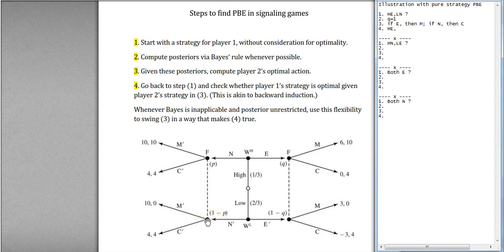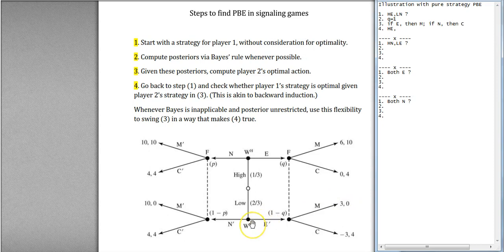The firm will believe that this is a low ability person, is going to make this person a clerk, and the player is going to get a 4. Excuse me, a 4, player 1.